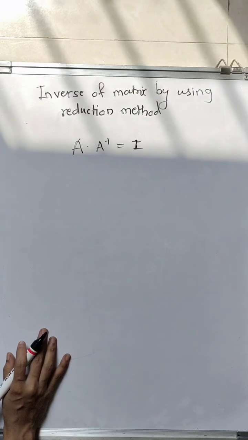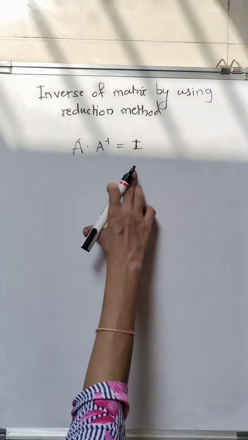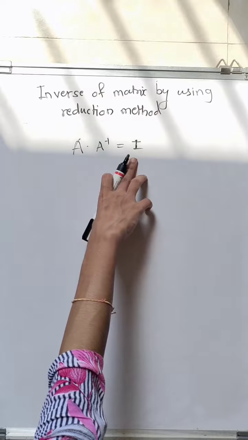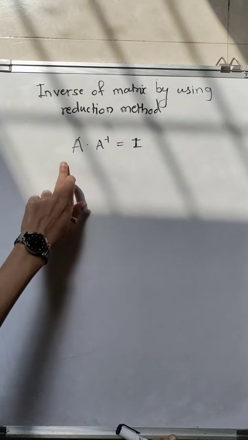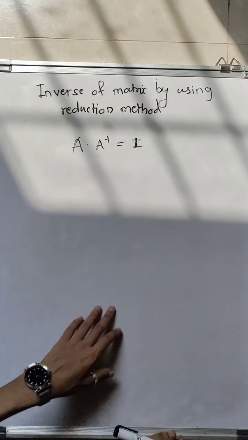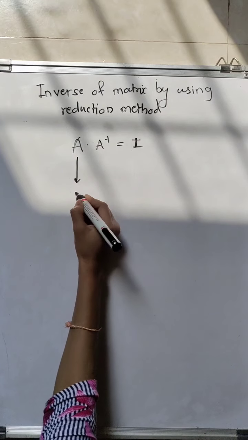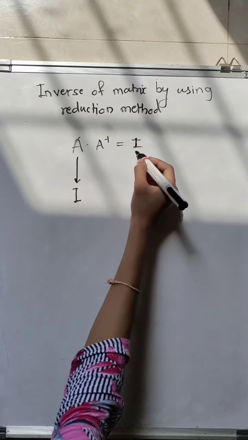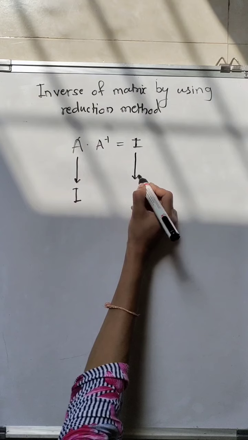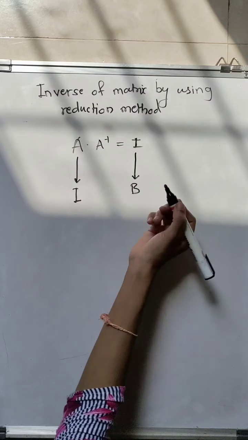Then by applying row transformations on A and I, we are going to transform A into I, the identity matrix, and I transforms into another matrix, say B.